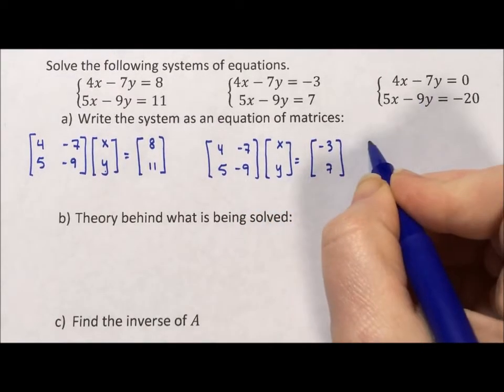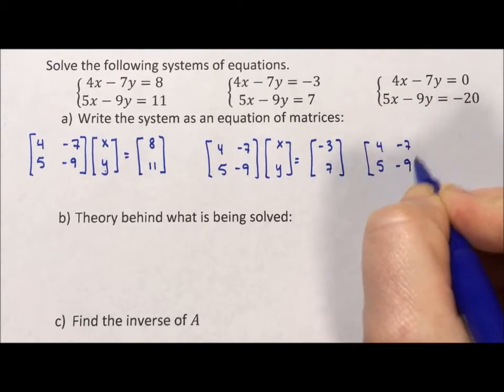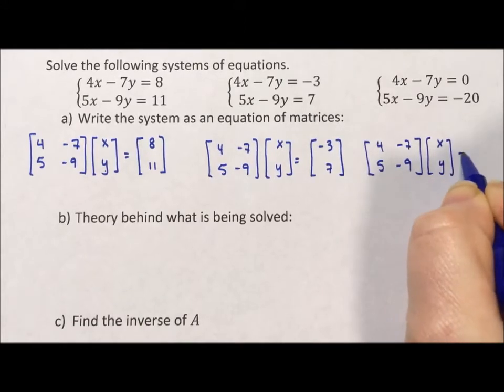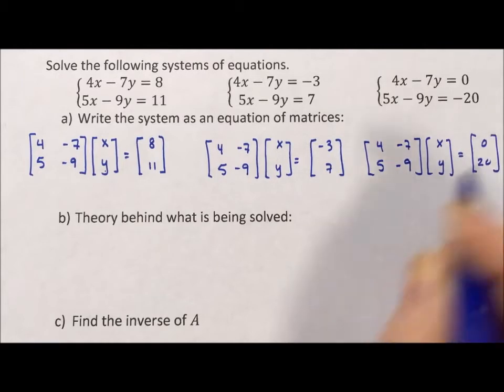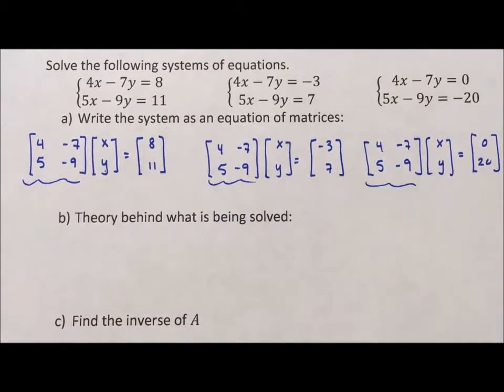And if we do this last one, we have 4 -7, 5 -9 times x y equals 0, 20. I want you to notice that all three of our initial matrices are the same 4 numbers.